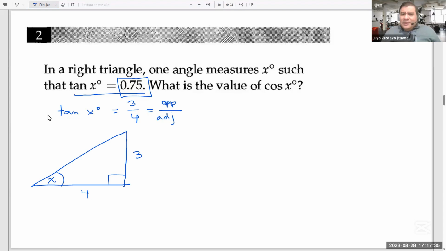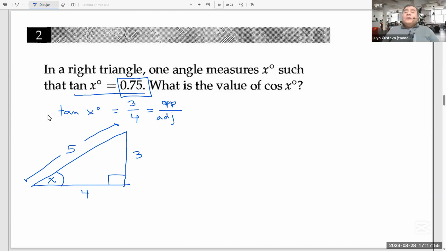But you know, if a right triangle has two legs that are 3 and 4 respectively, then you can see clearly that the hypotenuse must be 5. This is one of the special triangles, right? Also, you can calculate this using the Pythagorean theorem, no problem.